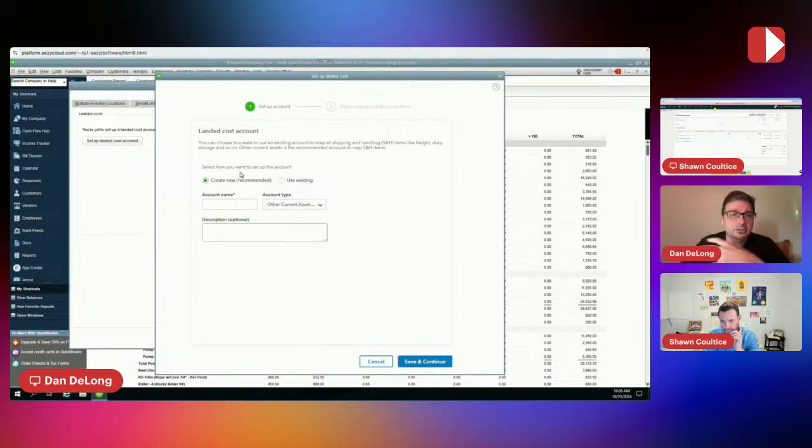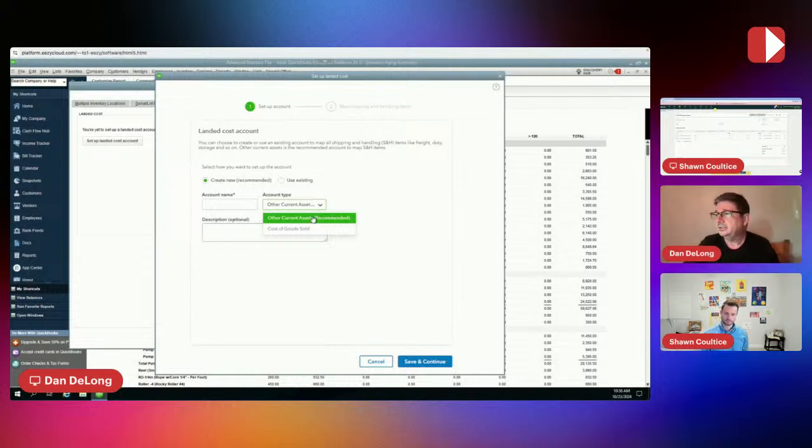So you're going to be choosing basically a holding account for all of those costs that you're going to be allocating, and then doing it later. So that's a big difference between what you're showing in Katana versus what we have as far as in QuickBooks Enterprise. But you're going to be specifying an account, and you're going to be specifying the account type, which is typically another current asset to put all of these costs that you're going to be allocating into a holding bin.